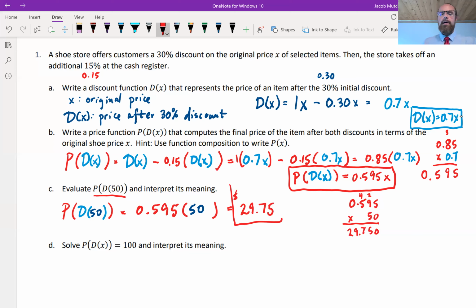So I've arrived at a value. I do need to interpret and say, what does that mean in terms of the situation? So if the price that I was substituting in was $50 and it's coming out of the function at a lesser value, what we can say is that P of D of 50 is the final price of a pair of shoes costing $50.